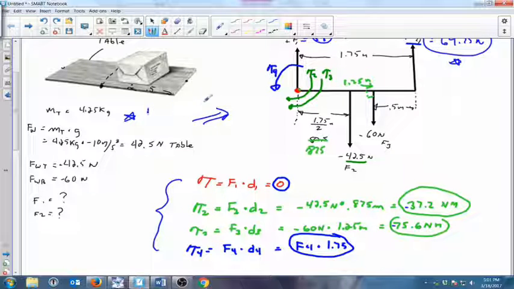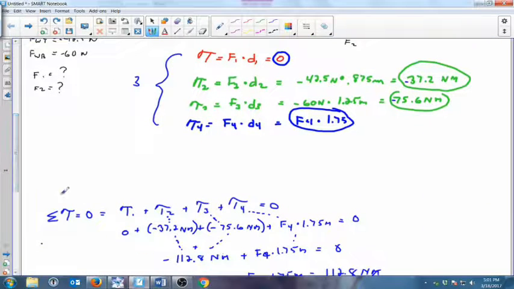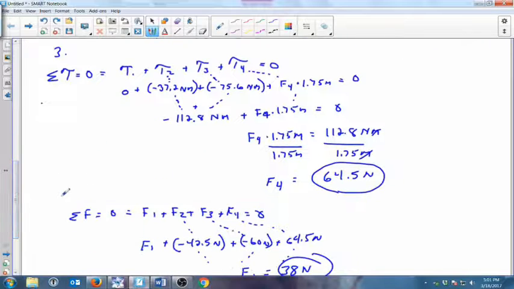This is 1. This is 2. I drew the picture. 3. I found the torques, including the sum of the torque. I can count this as 3 also. And finally, the last step was a sum of all the forces. Go through it. Stop it if you have to. Shut it off. See if you get the same answer.